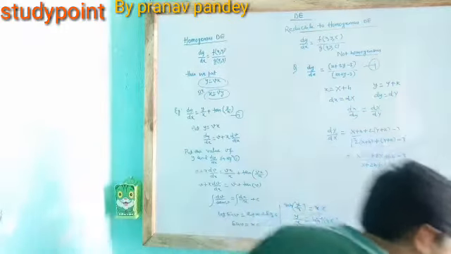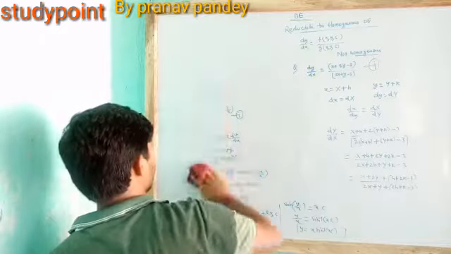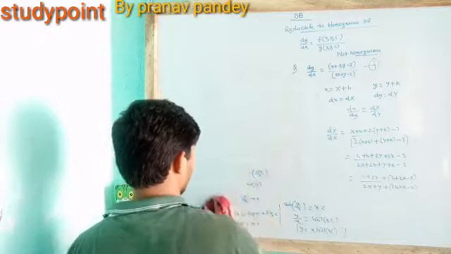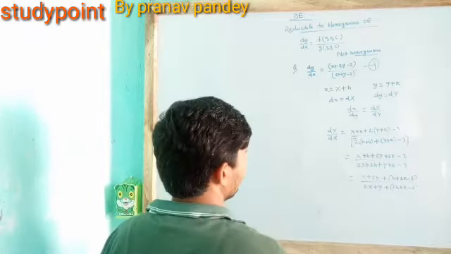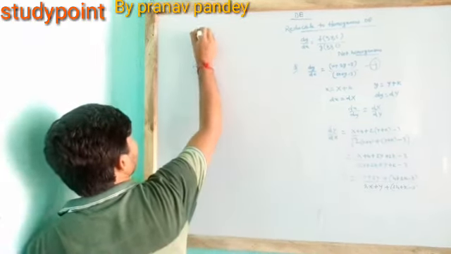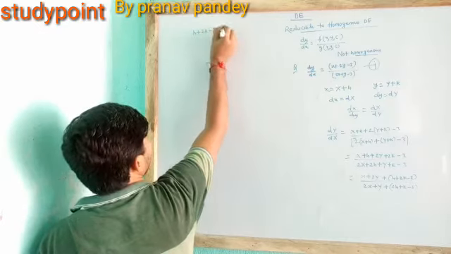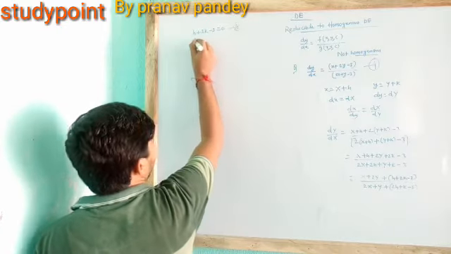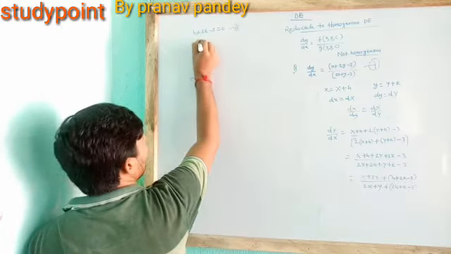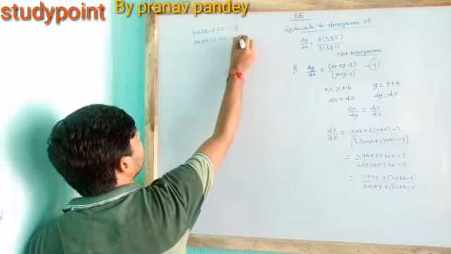The equations are h plus 2k minus 3 is equal to 0, say equation 2, and the next is 2h plus k minus 3 is equal to 0, equation 3.